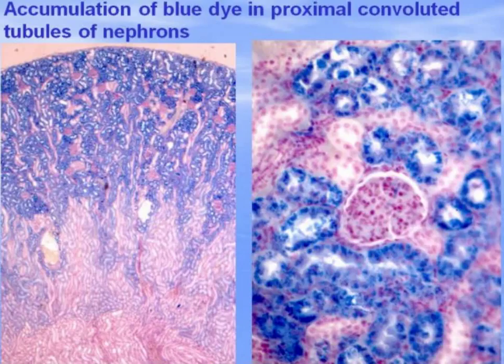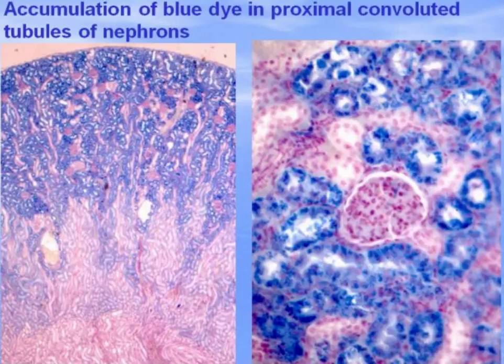This demonstrational preparation shows the accumulation of blue dye, specifically in proximal convoluted tubules of the nephron. They are located around the renal bodies, and they reabsorb blue dye from primary urine, accumulate it and stain themselves.